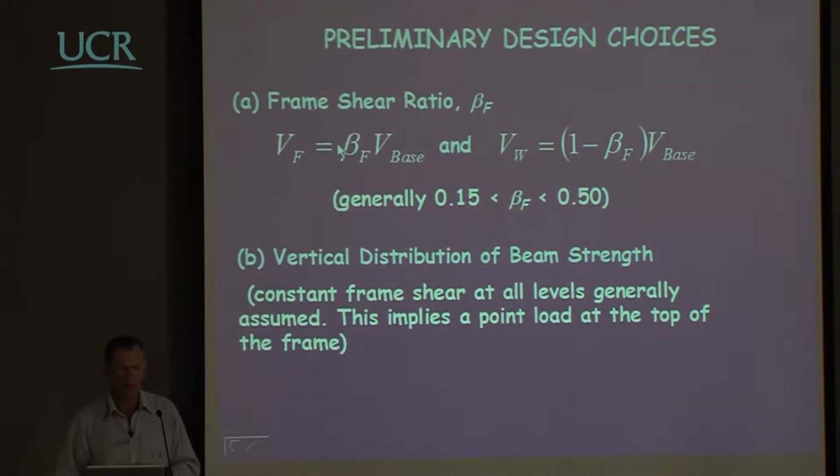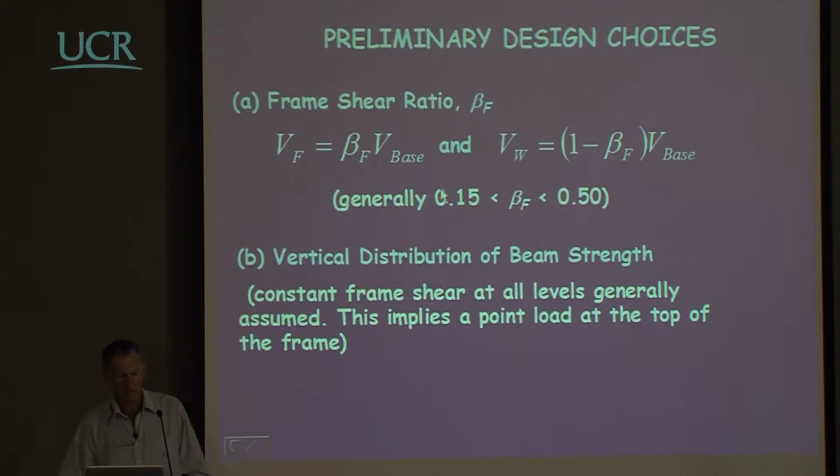So you can see that the procedure we're looking at here is rather similar to the coupled wall business, except that in this case we do it on the basis of base shear, rather than on the basis of base moment, overturning moment. We could do it the other way, but it's more rational to do it this way. So the first choice is the frame shear ratio, beta, and we would say that of the total base shear, a proportion, multiplied by beta, is carried by the frames, and 1 minus beta times the base shear is carried by the walls itself.